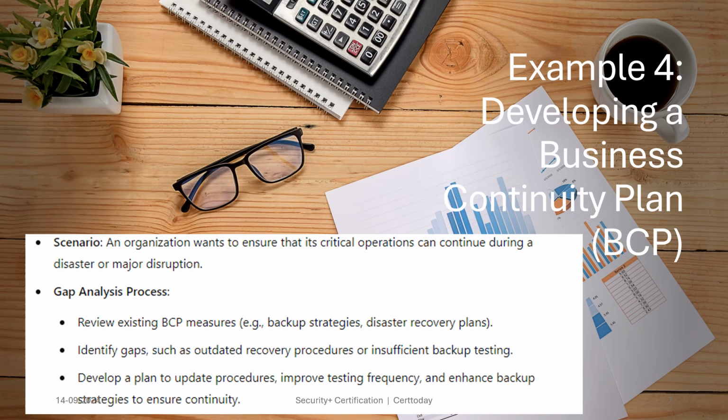One, review the existing BCP measures like backup strategies, disaster recovery plans, etc. Two, identify gaps such as outdated recovery procedures or insufficient backup testing. And three, develop a plan to update procedures, improve testing frequency, and enhance backup strategies to ensure continuity.